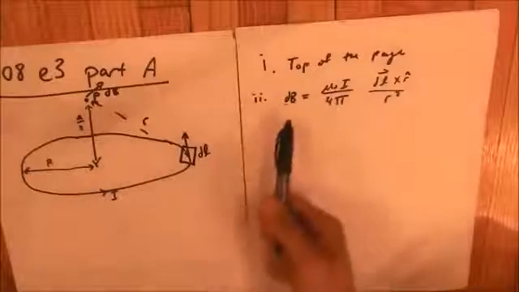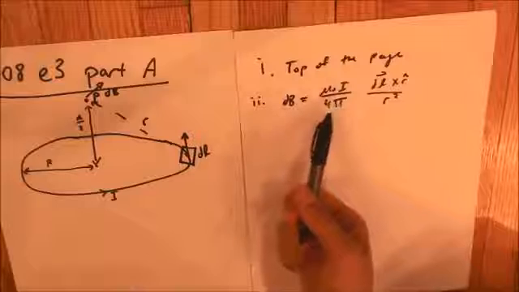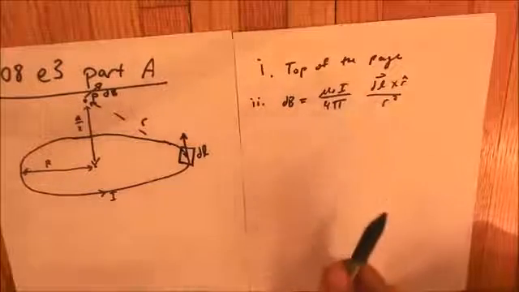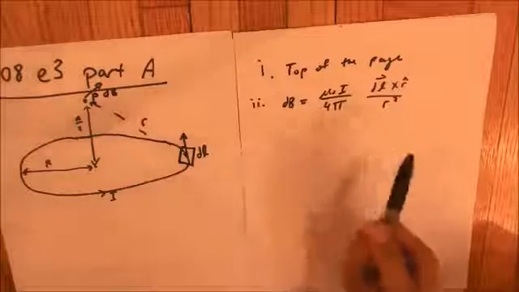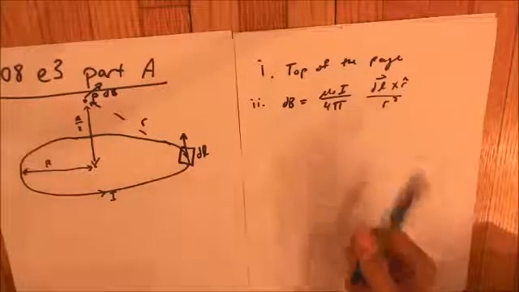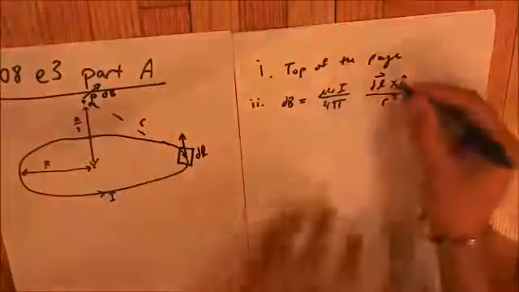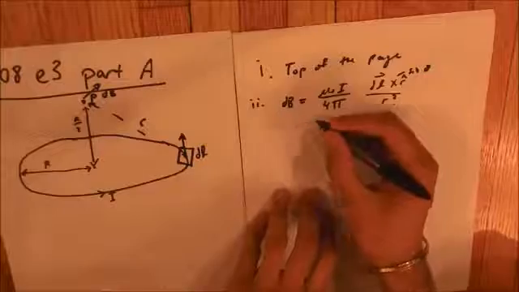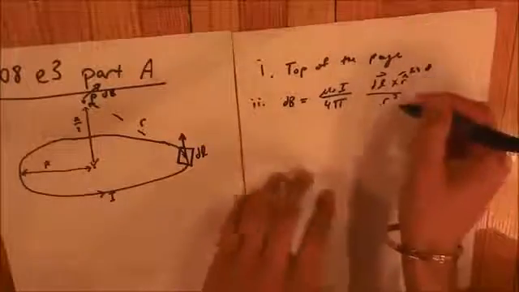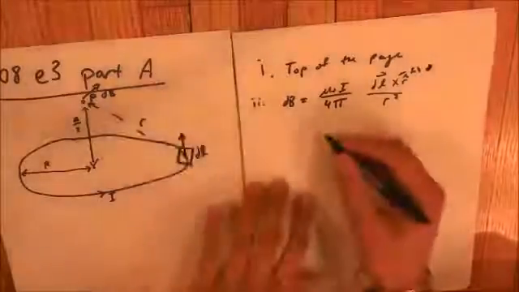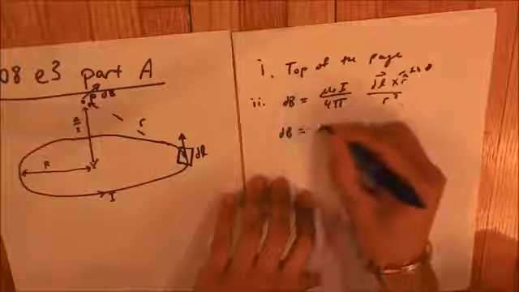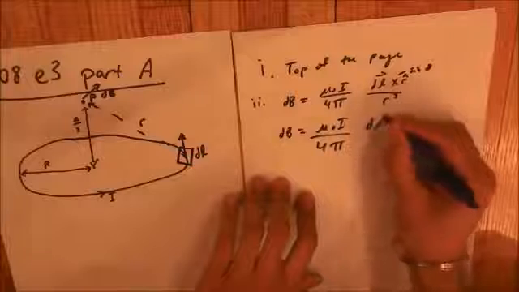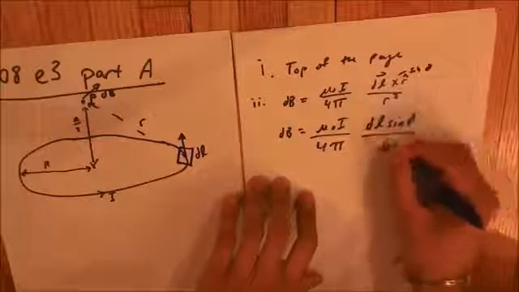So we know that the law of Biot-Savart says that dB is equal to mu naught I over 4 pi times dl cross r hat over r squared. So we know that the magnitude of r hat is 1, and the cross product means that there will be a sine theta, where theta is the angle between r and dl. So this is going to turn into dB equals mu naught I over 4 pi times dl sine theta over r squared.